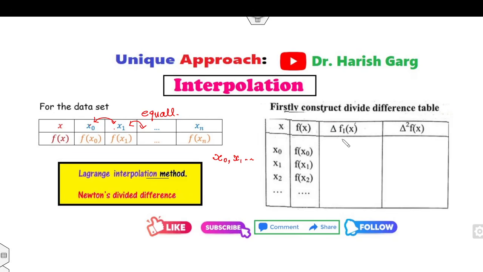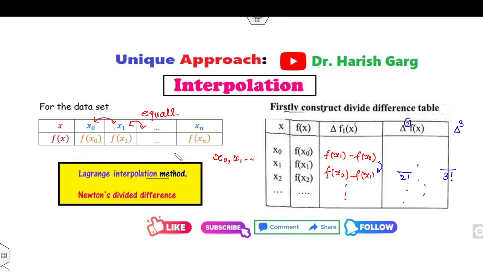Then you can find these differences by simply subtracting them, f of x1 minus f of x0. Similarly for the next case, x2 minus x1 and so on. And how can you find the second divided difference? You can simply subtract them, divided by 2 factorial, that is the power 2. If you have found the del cube, subtract the two numbers divided by 3 factorial and so on.